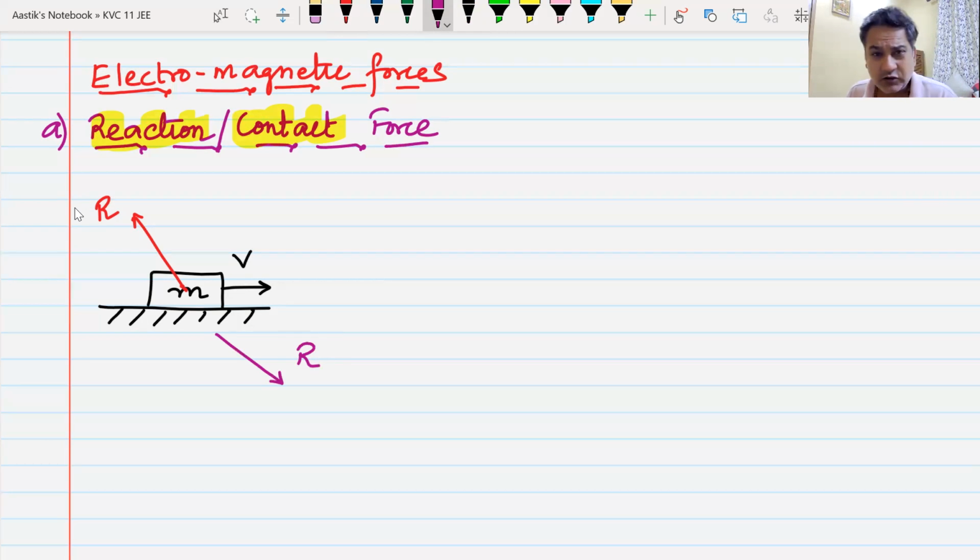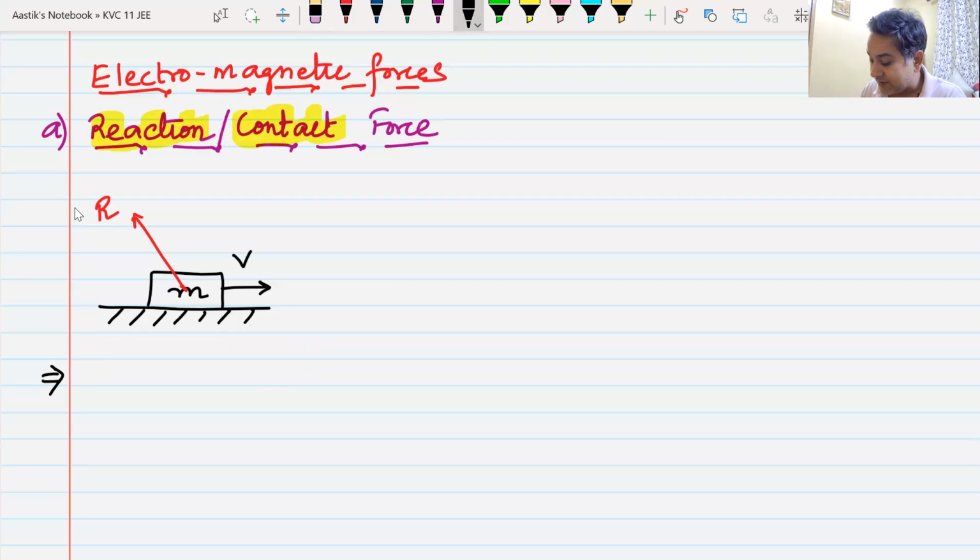But normally no one is asking us to find the force on the ground, and therefore we do not draw it. But we must understand that the downward R is the reaction force exerted by the block on the ground. Let me just discount it. So let's forget about this. So this R is the force exerted by this ground on this body of mass M. We call this the reaction force.